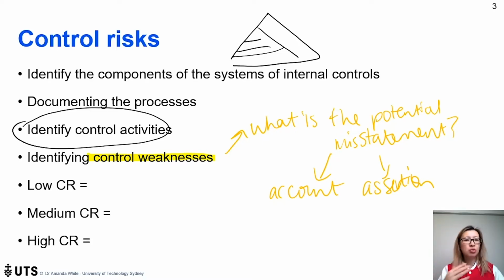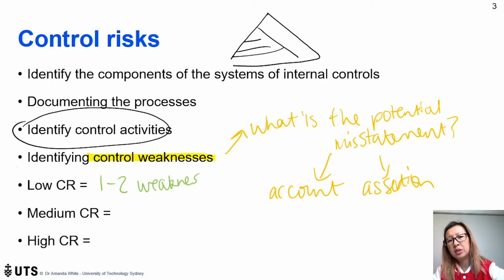Now, in terms of control risks and low, medium, or high, it's a little bit easier to make some judgments here. So low control risk would be, I would say probably, 1 to 2 weaknesses of a minor nature. Okay, you might have really great controls, but one really whopper weakness, and that is going to overshadow everything in terms of size and issue.